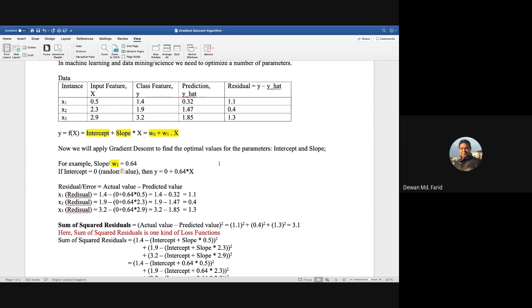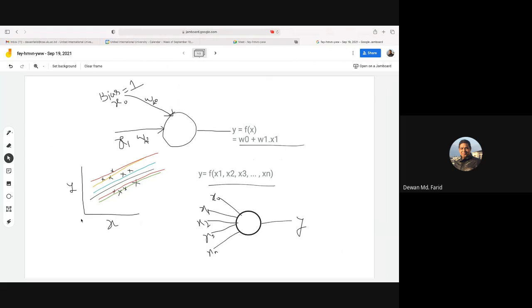Just assume we have this value, and we also assume that we start from the zero position. Say, for example, the intercept is considered from zero. That means we are drawing a line that intercepts at this zero position. Is it clear? Yes, sir.